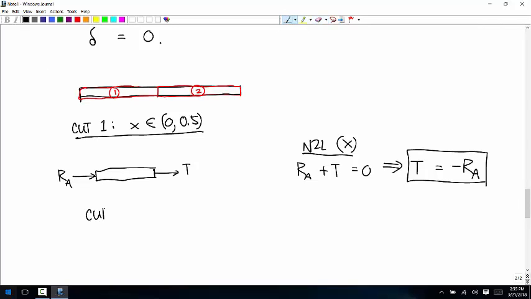And then cut 2 is for x values between 0.5 and 1.